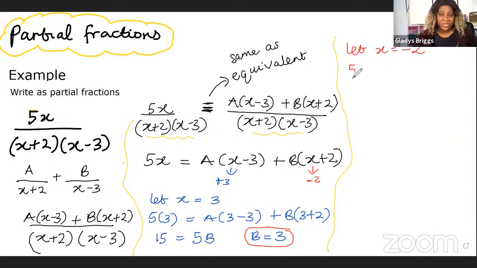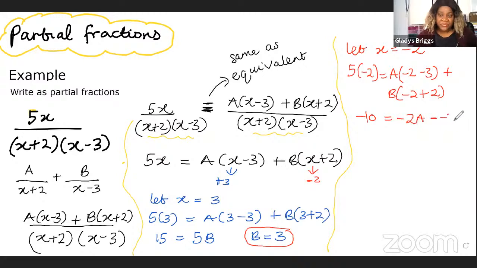Then 5 times -2 is equal to A times -2 minus 3 plus B times negative 2 plus 2. And B will become 0. Negative 10 is equal to negative 2a minus 3a.